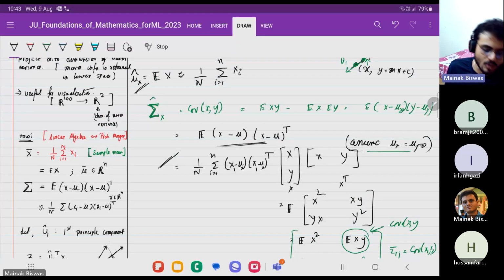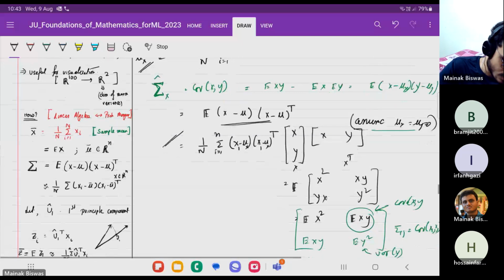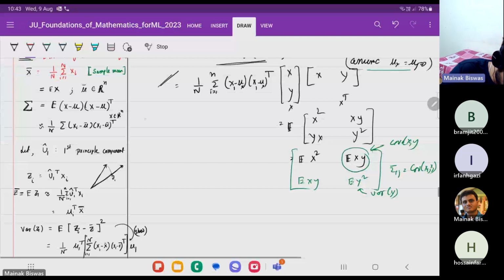This is why I wanted to tell you. So what do I want to retain? I want to retain the information of the maximum variance. So how can I do that? You tell me, say I am going to use only the first principal component.